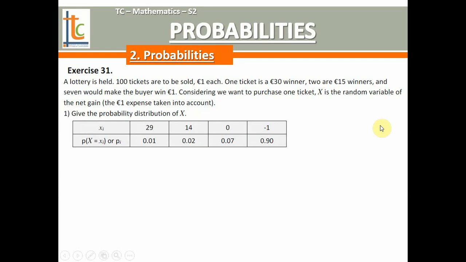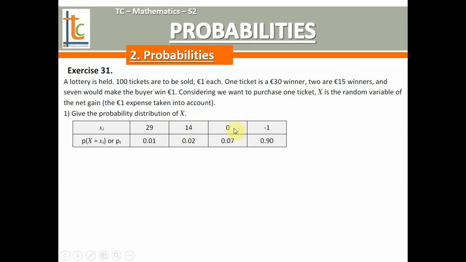Of course, you can win €29 with the €30 winner ticket, and your chance is 1 in 100. Okay, the fraction is 1 over 100, so 1%. You can win €14 with 2% probability.